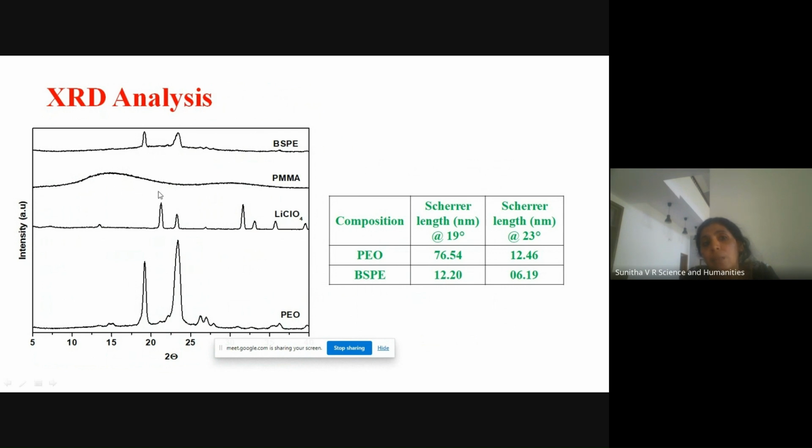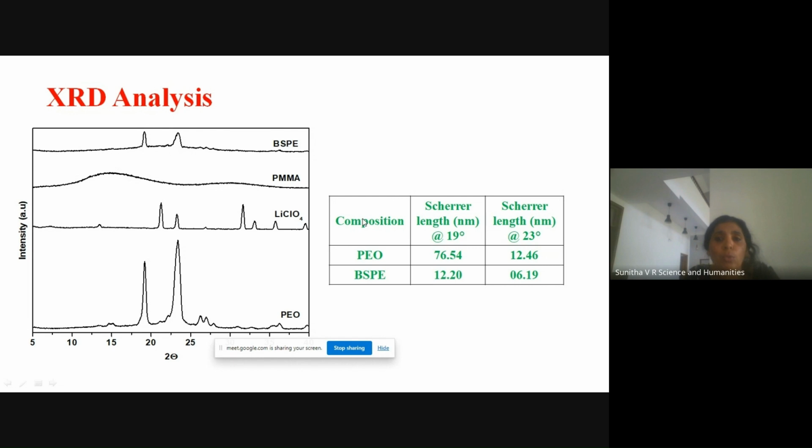We can see that it is more amorphous, whereas in PEO you can see these semi-crystalline peaks, where 19 degree and 23 degree are the characteristic peaks of PEO. And then when we mixed two different PEO with PMMA, you can see how the peak at 19 degree and the peak at 23 degree are suppressed, the crystalline peaks are suppressed.